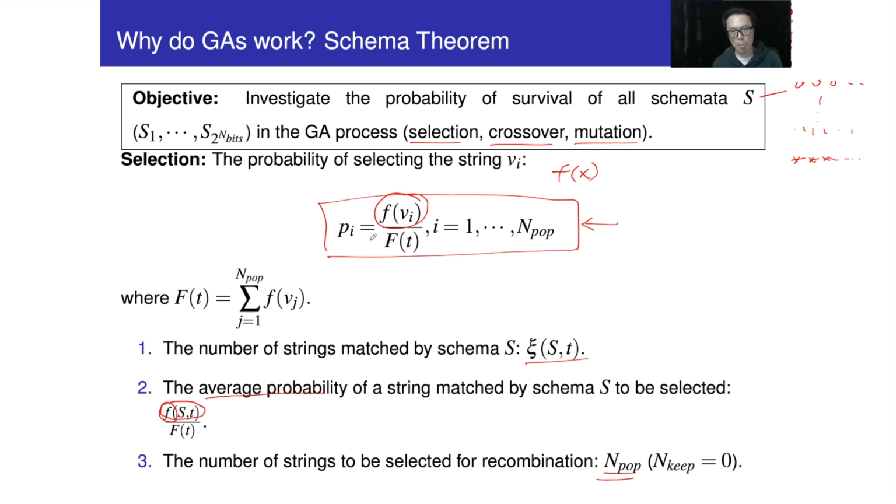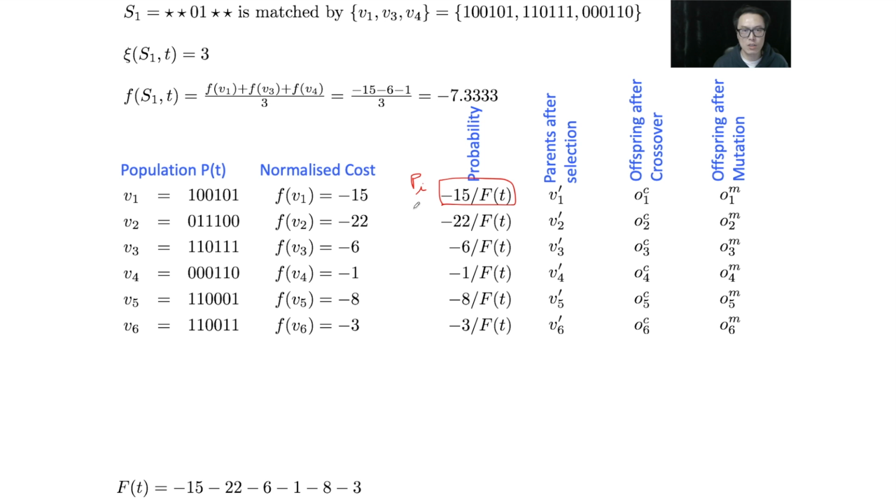Now this is the Pi, or this is the P1, that is minus 15 divided by the total cost right here. So that is the probability of being chosen as parent. Now, according to the information we have done before, for S1, which is matched by these 3 chromosomes in this population, ZS1 is 3, because we have 3 chromosomes right here that match S1.